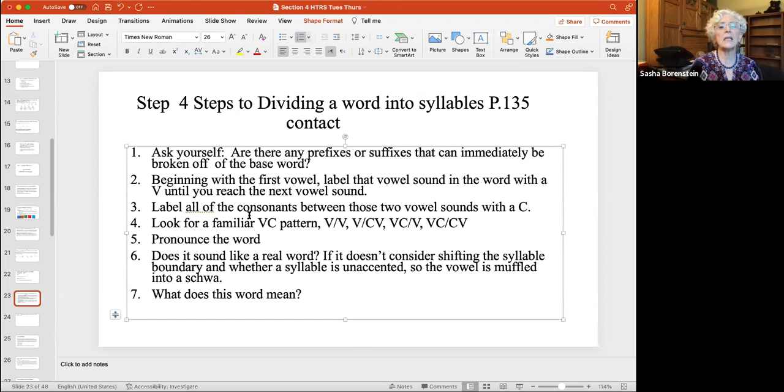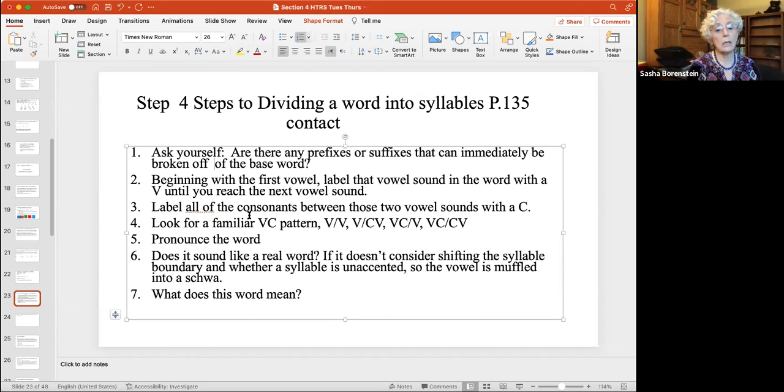And it says beginning at the first vowel, not the first consonant. Beginning at the first vowel, label that vowel sound with a V until you get to the next vowel sound. Because we're only going to take 2 at a time, 2 syllables at a time. And once you do that, label the consonants between these 2 vowel sounds with a C. And then you look for a familiar pattern, and we've done all these patterns.